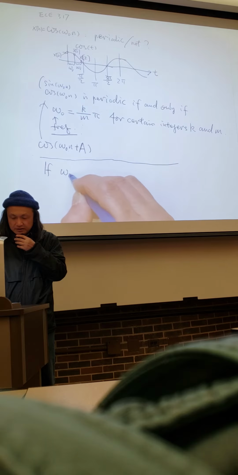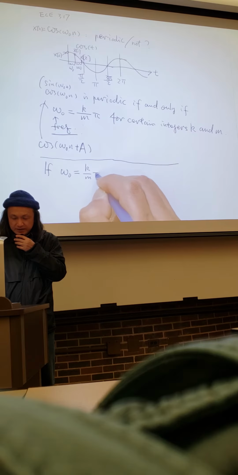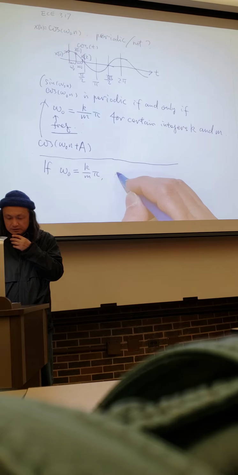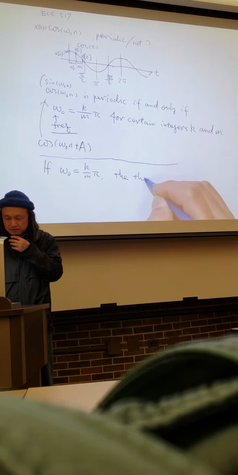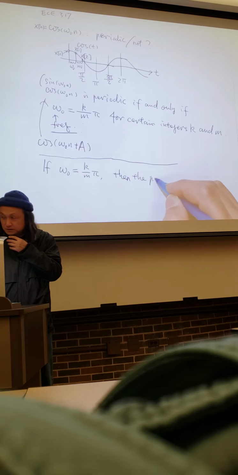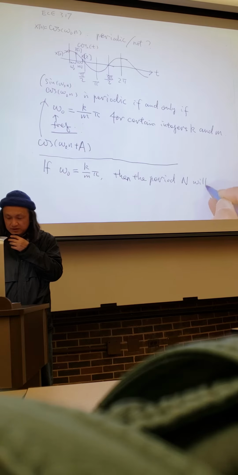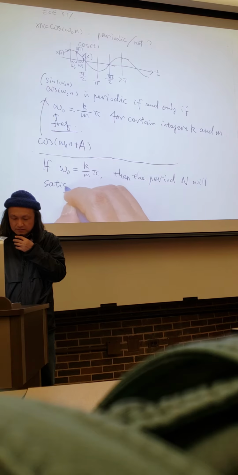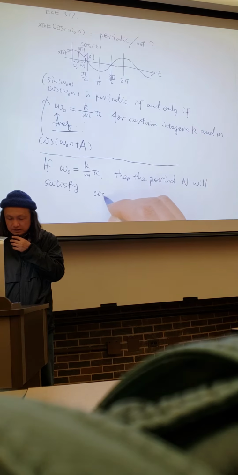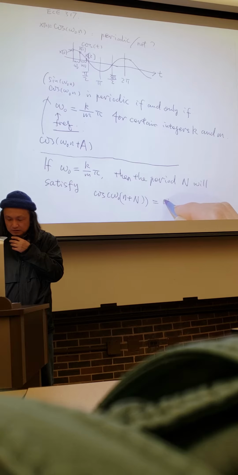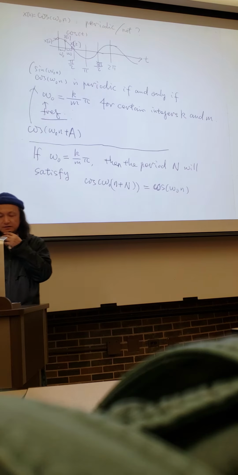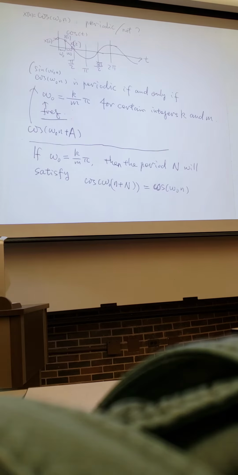If omega naught equals k over m times pi, then the period, say capital N, will satisfy this: cosine of omega naught n plus N equals cosine of omega naught n. Actually, this is a kind of definition for the period.